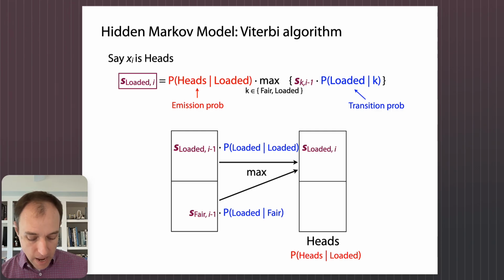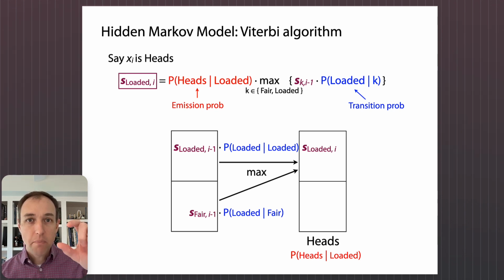Times the maximum of one of two choices. Either we were loaded in the previous step or we were fair in the previous step. Those two different possibilities give us two different transition probabilities that we should consider.